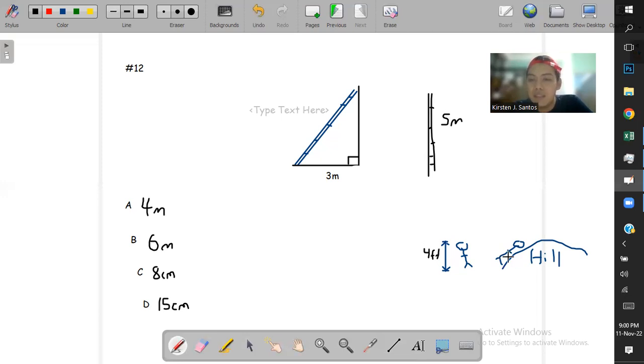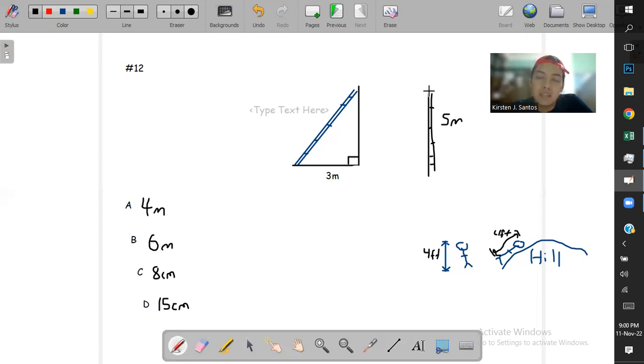If that student lies down on a hill, how tall is that student? Well, that student is still 4 feet tall, right?